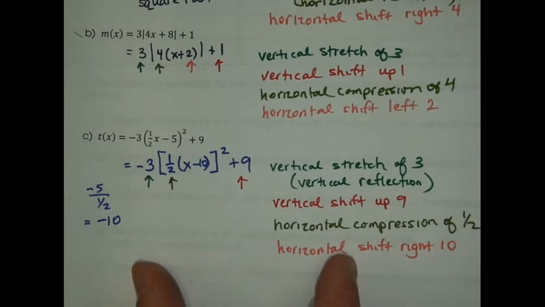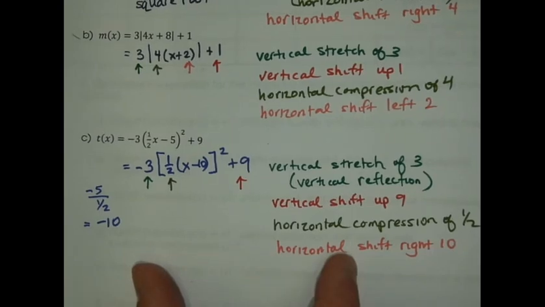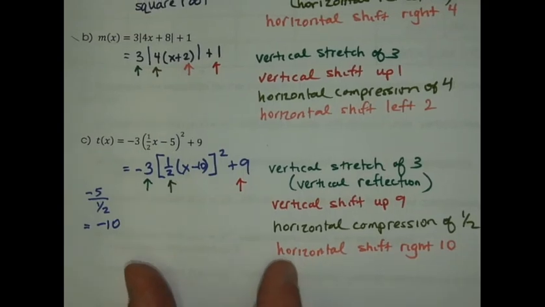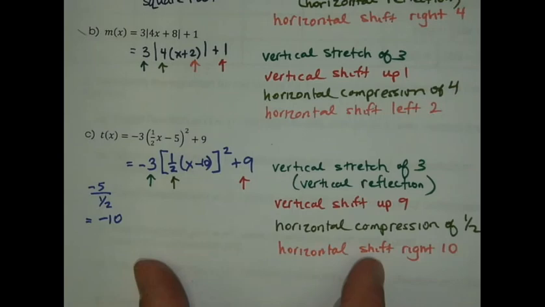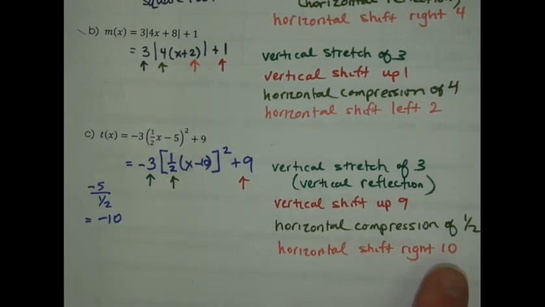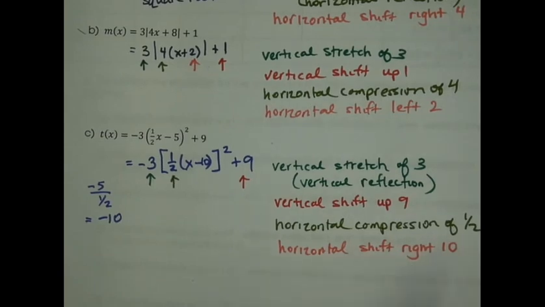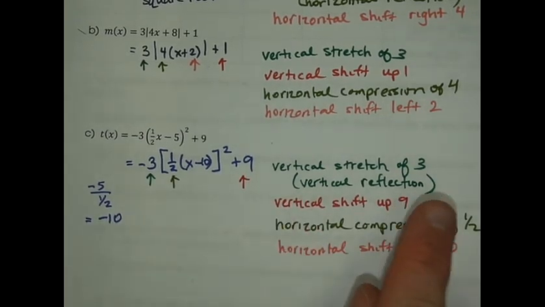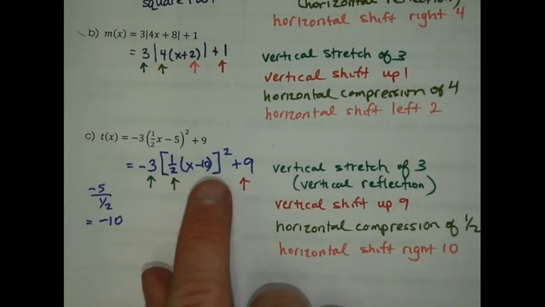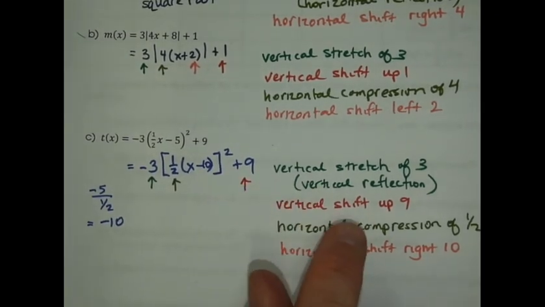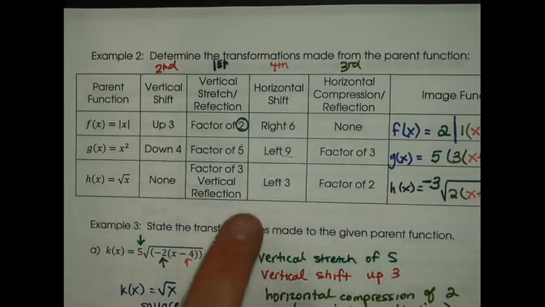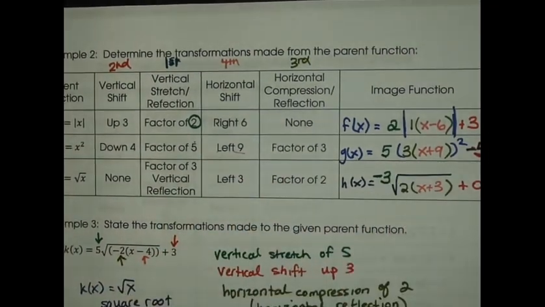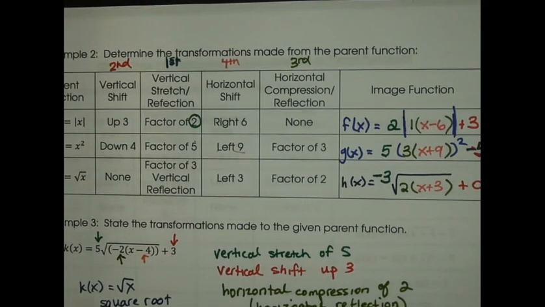And we're going to talk about what that looks like when we graph things down the road. There's my K of 1/2. That means this is actually stretched out by a factor of 2. And we're going to talk about that when we start sketching graphs. And then we do it right 10. So, basic idea, can I describe these transformations from this? Or, if I give you the transformations, can you make the equation? So that is the goal for today's lesson.